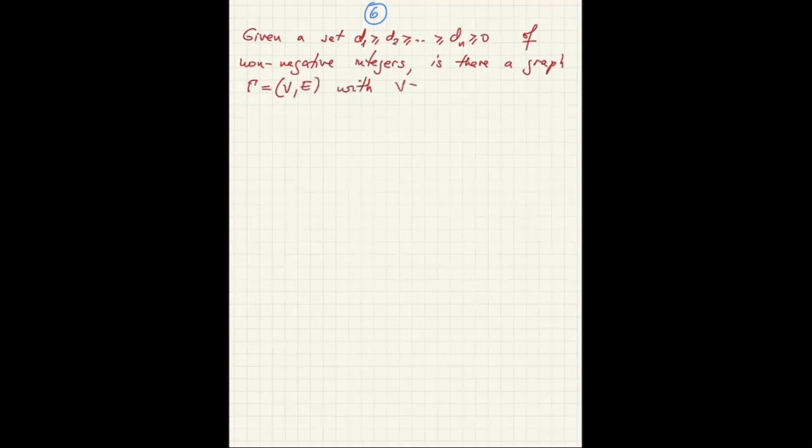So given a set d1 greater or equal to d2, greater or equal to dn, greater or equal to 0, of non-negative integers, is there a graph gamma = (V, E) with V equals, let's say, {v1, ..., vn}, and the degree of vj equals dj for every j between 1 and n?